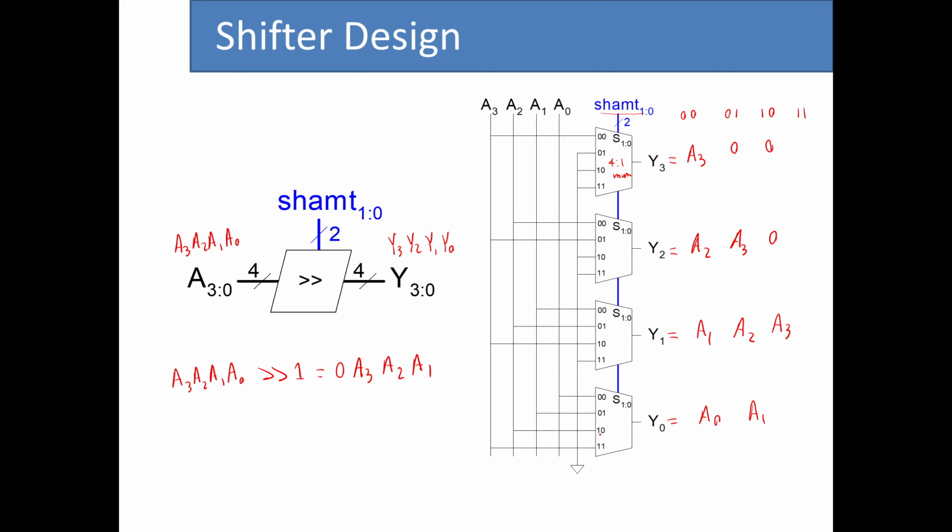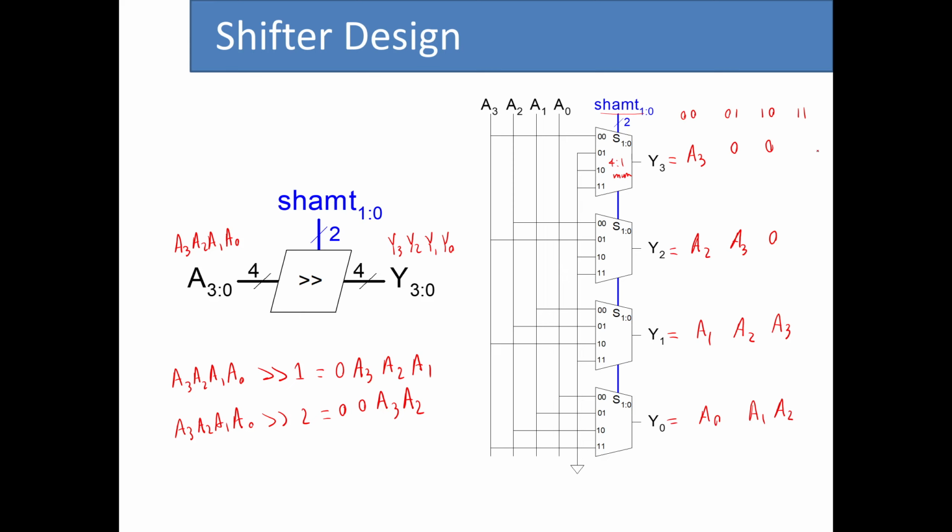And finally the 10 input of the fourth multiplexer is connected to A2, so we have A2 here. So if we have A3, A2, A1, and A0, and we right shift 2 places using the logical shifter, the output is 0, 0, A3, A2, and that is actually what we expected it to be.